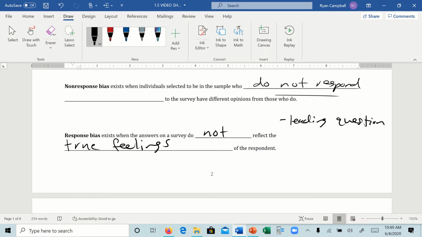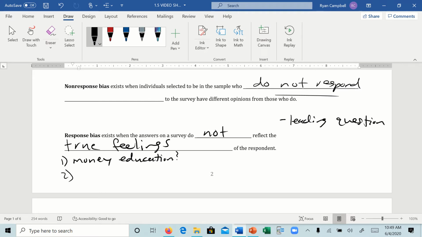In one way, you could say, do you think that we should give money to education? That is a simple, good question. And the other type of leading question that you could say is, should we give money to education so that our kids don't become homeless, prostitutes, drug addicts?